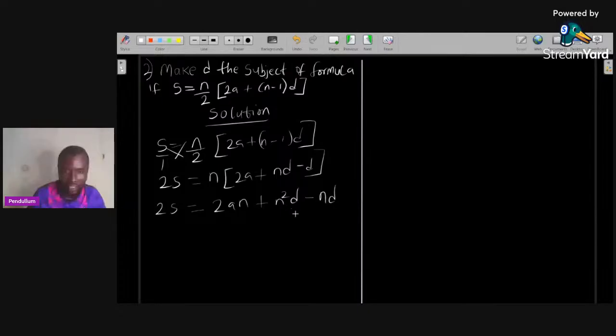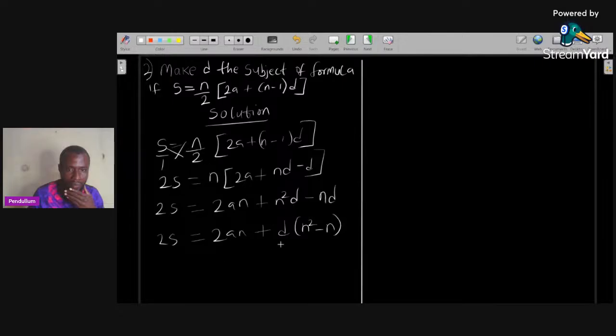So let's factor out d. 2S is equal to 2an plus d(n squared minus n).